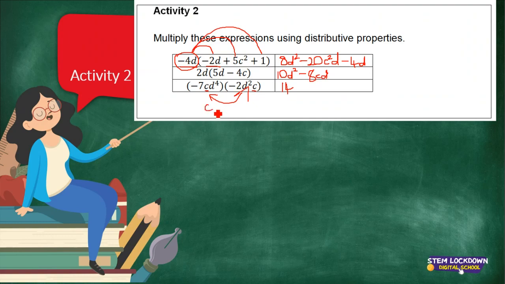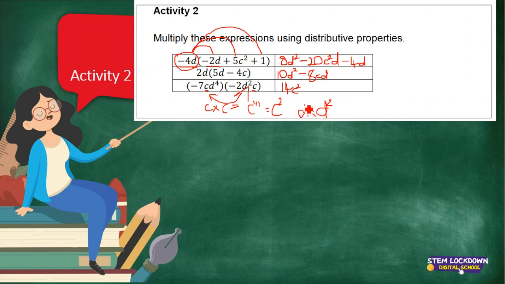So c times c can be written as c to the power 1 plus 1, so it will be equal to c to the power 2. So the answer is c to the power 2. And now let's look at d. For d, we're multiplying d to the power 2 times d to the power 4.